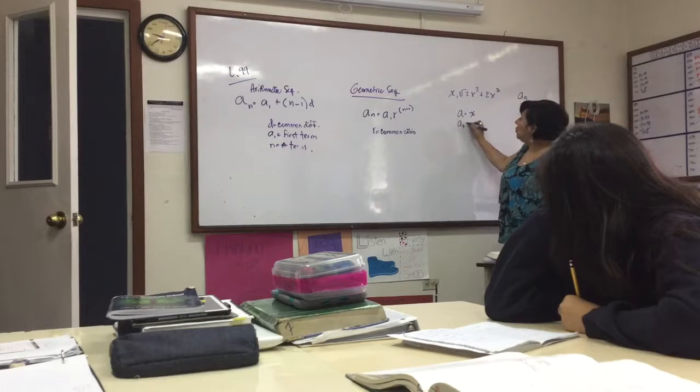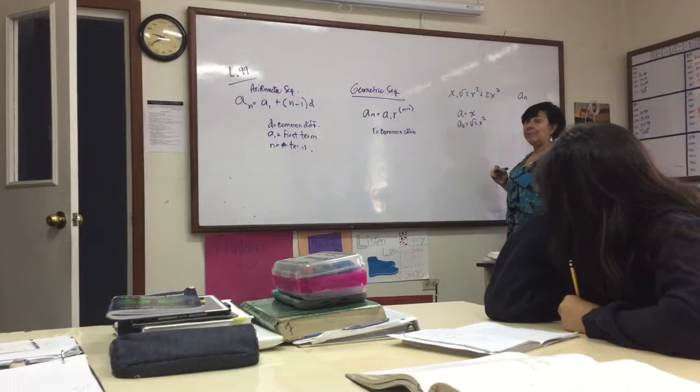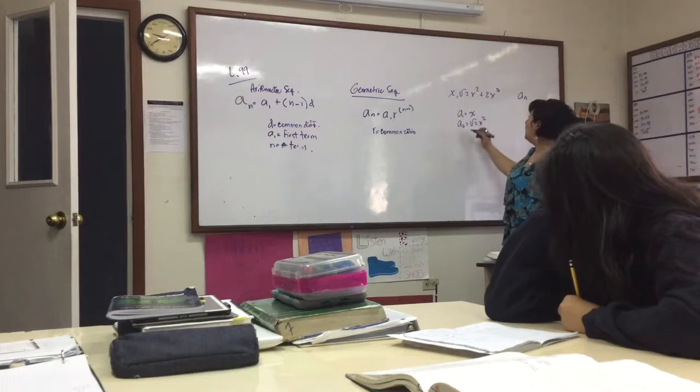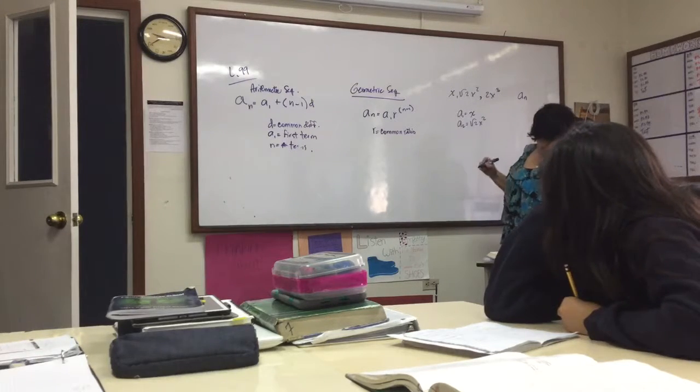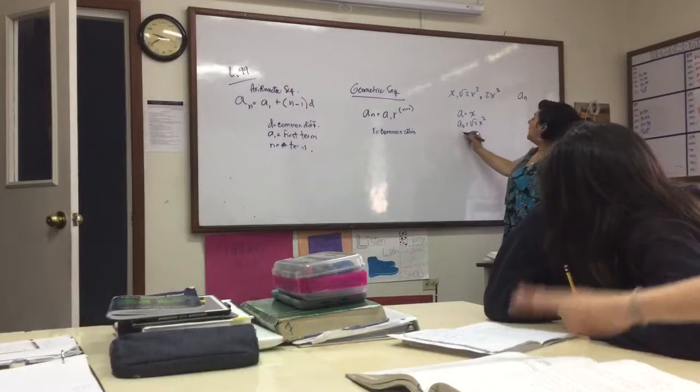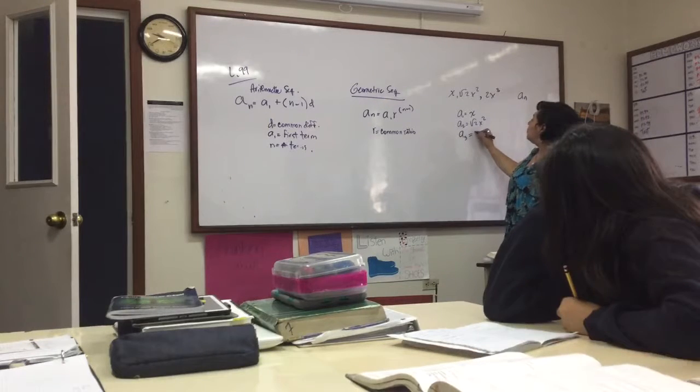A sub 2, you know, is the square root of 2x squared. And a sub 3 would be 2x cubed.